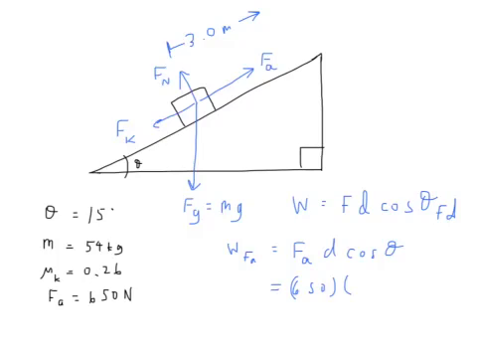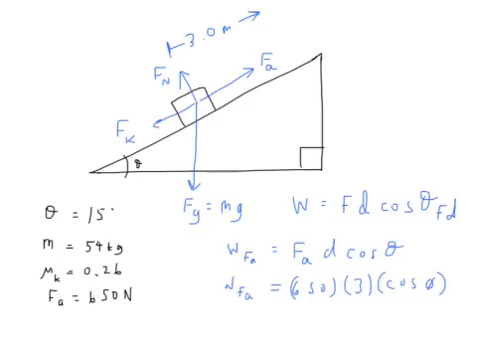The distance that the block moves is 3. And then we have cosine of theta. Now, look at this. The applied force is up the ramp. The distance traveled is up the ramp. So the angle between those two things is 0. So you plug that into your calculator, and that's how you find the answer, making sure you're in degrees rather than radians. I'm not going to find the answer because you can do that, but you know how.